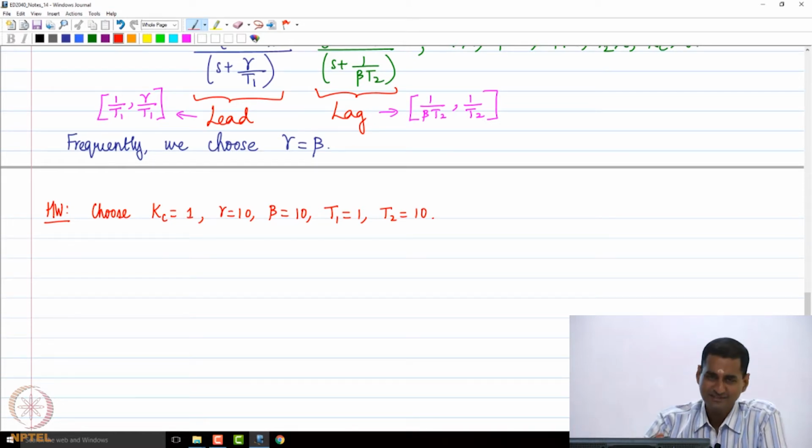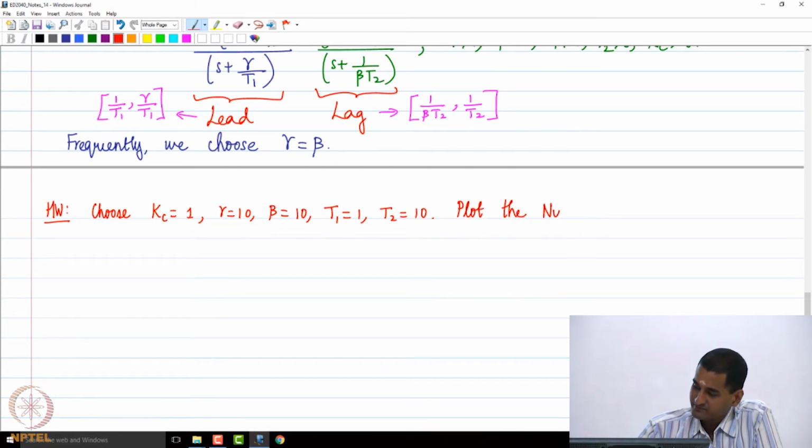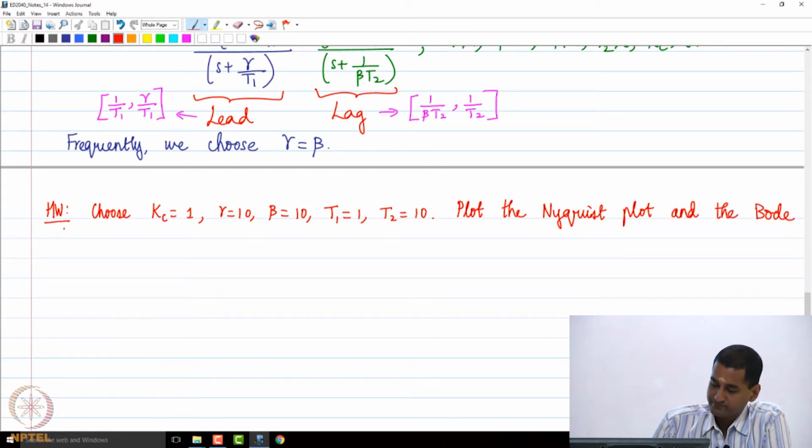I'll give you the answer, you just solve it. So let's say you choose these values. What you need to do is plot the Nyquist plot and the Bode plot of C of j omega.